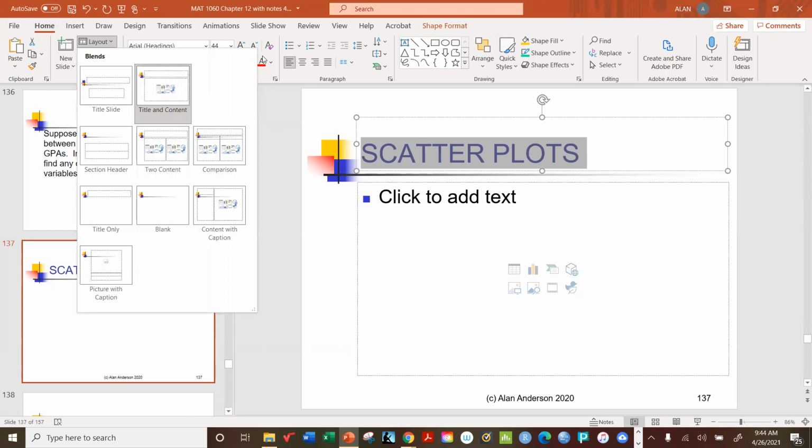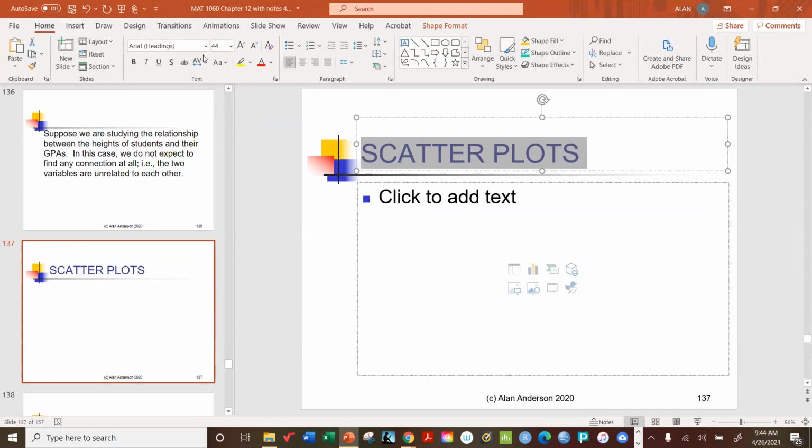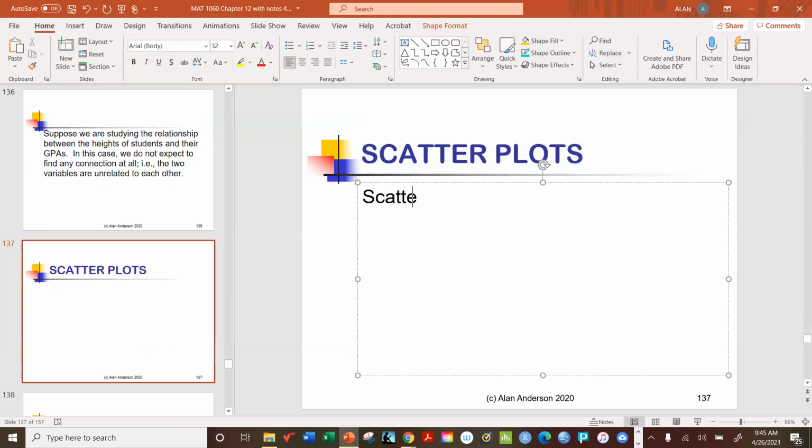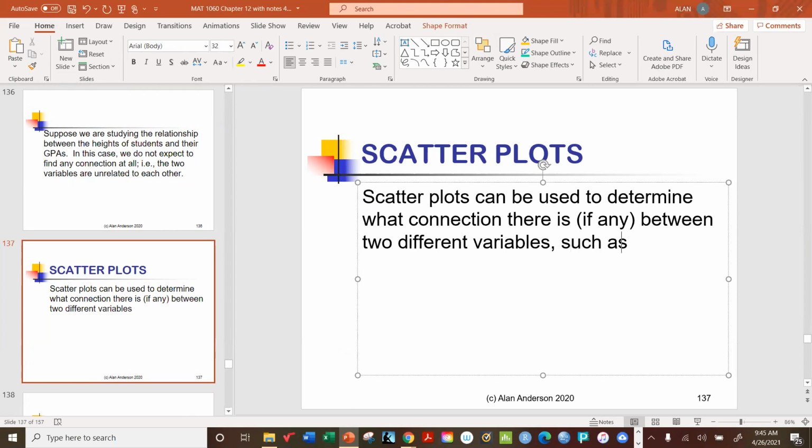Scatter plots are awfully useful to help us understand what connection there is, if any, between two different variables, such as studying time and GPAs.